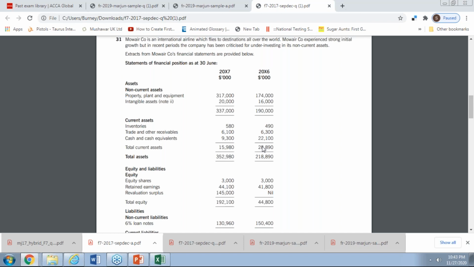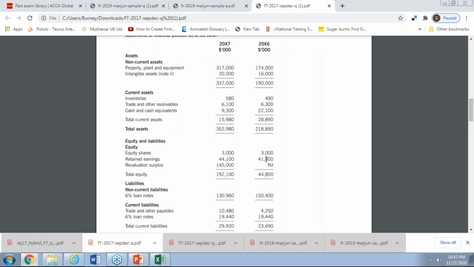If there is a substantial decrease in cash, that means the company is moving towards liquidity issues. The share capital remains the same. The retained earnings remain more or less the same, with a slight increase. Now the revaluation surplus. This is the most important thing you should understand.